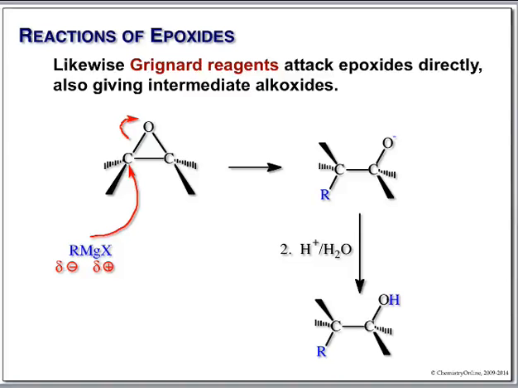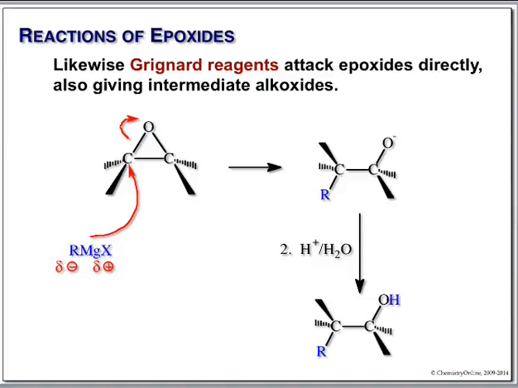Let's say that we were dealing here with ethylene oxide. So these are all hydrogens. What we've done is take our Grignard carbon, we've added 2 carbons to it, and made an alcohol. We can add 2 carbons all at once. Here's our bond.